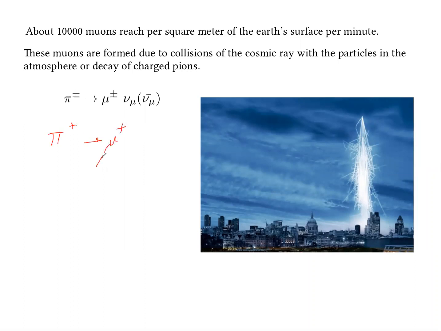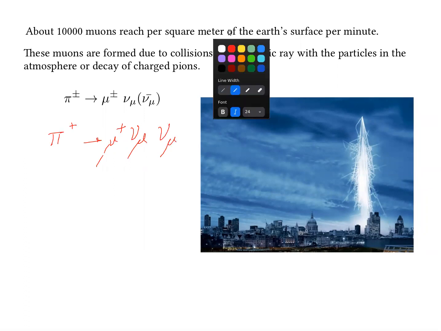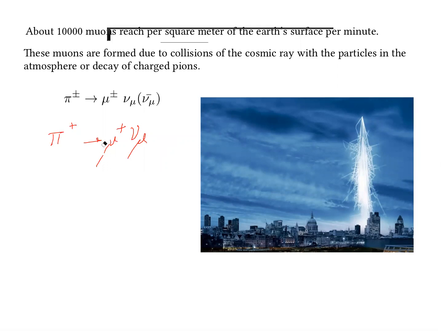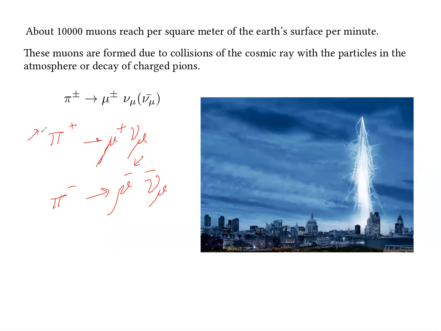It decays to mu plus and a muon neutrino. Similarly, pi minus decays to mu minus and an anti-muon neutrino. So this is one of the sources of muons: protons or nuclei coming from cosmic rays produce pions in the atmosphere, and pions decay into muons and neutrinos. So the source of muons is basically cosmic rays.